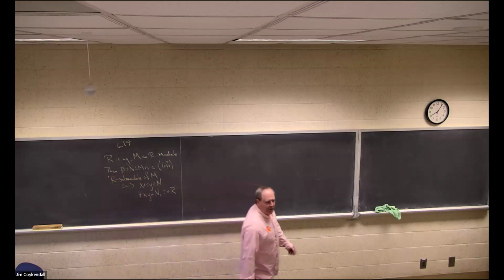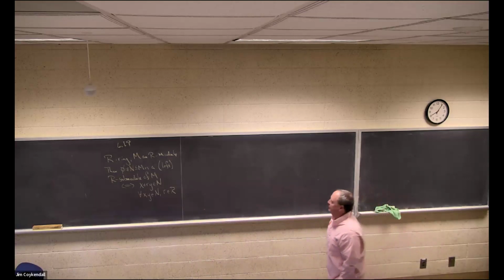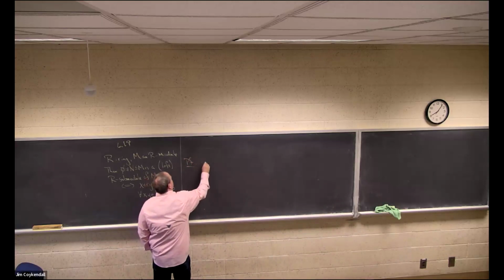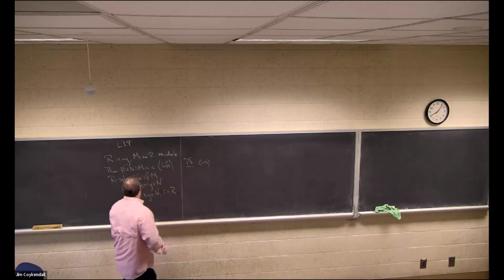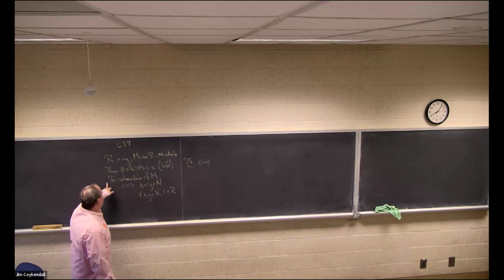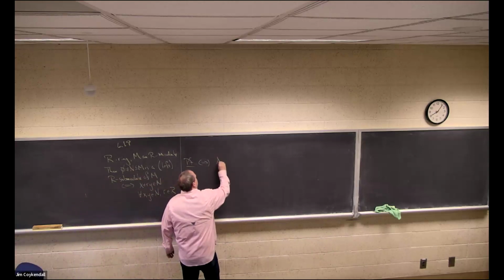So this is sort of like the subgroup criteria, right, from group theory. It's essentially the same thing. So suppose that N is in fact a left R submodule.